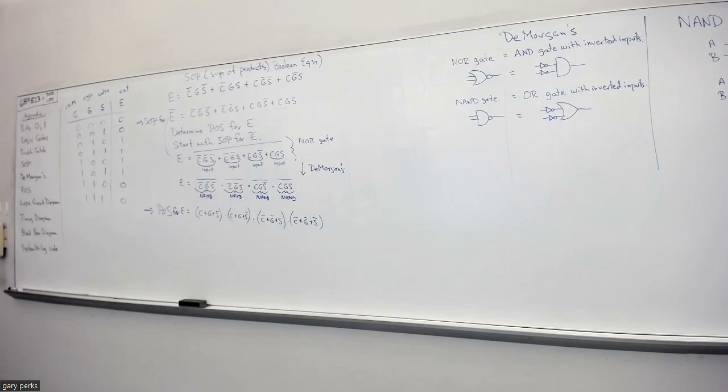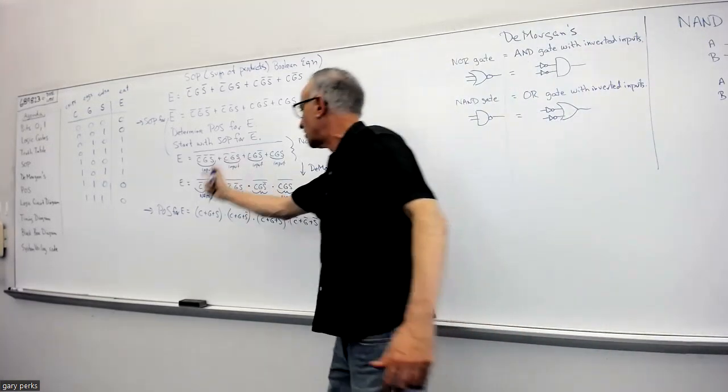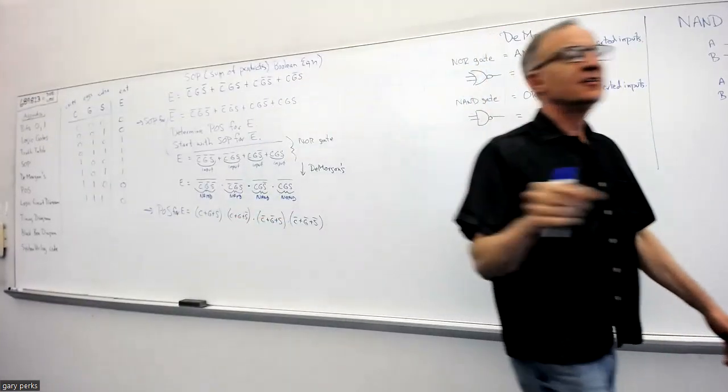Yeah, it's just the swapping, right? SOP has multiple AND gates into a single OR gate. POS has multiple OR gates into a single AND gate. Because for each of the terms you need an OR gate, and then all the terms are ANDed together.